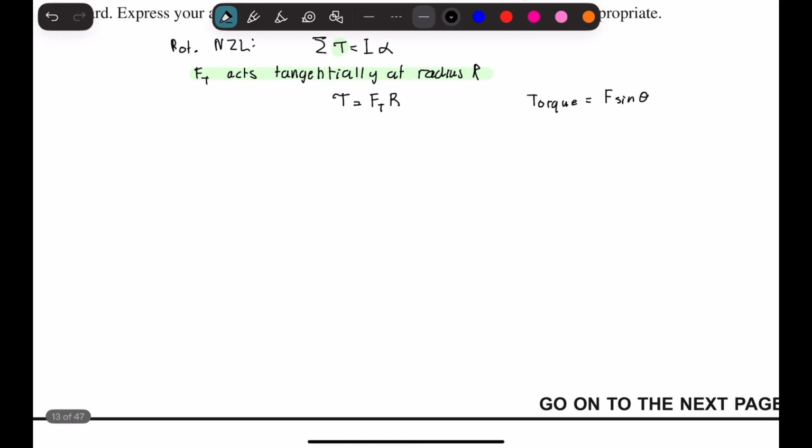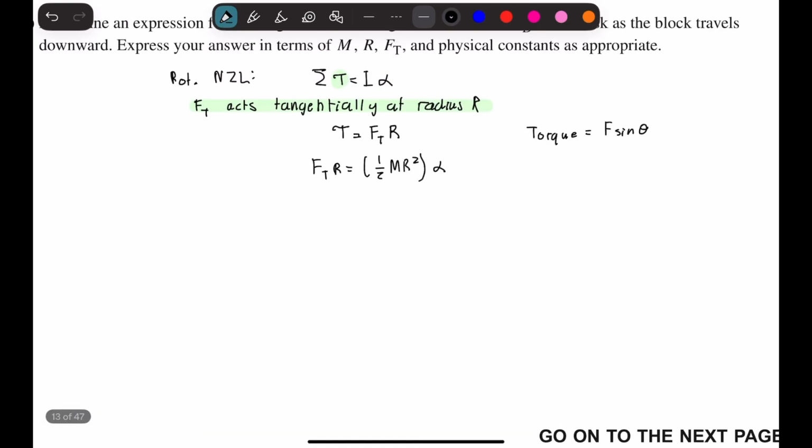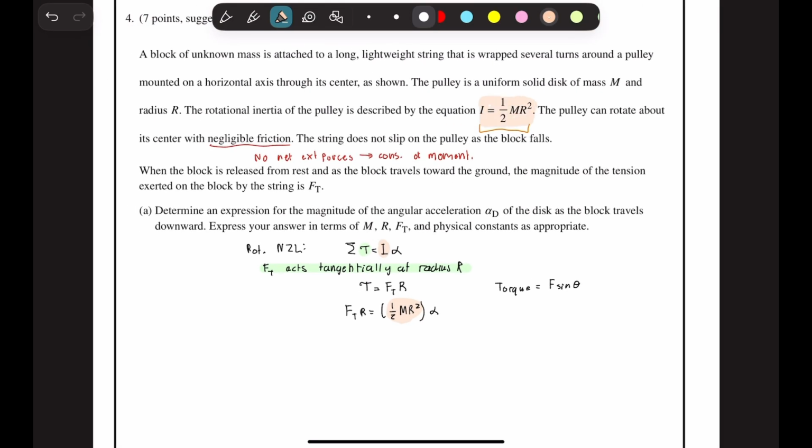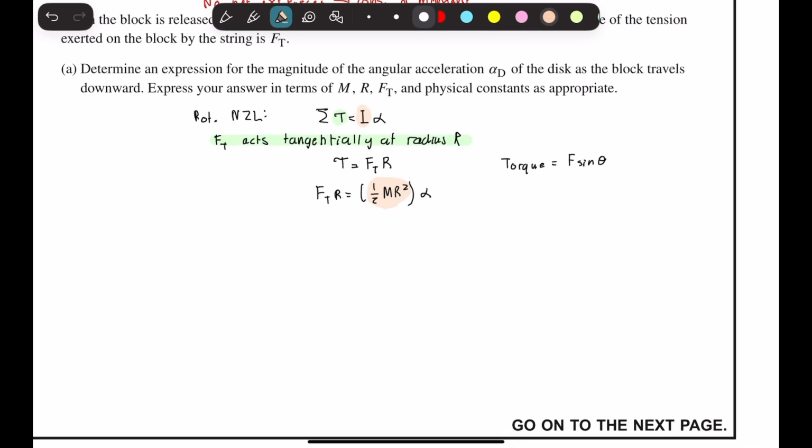And from here, we can substitute in the rotational inertia. So if we know that Ft r is equal to 1/2 m r squared times alpha, right? That was our moment of inertia up here. And we're just going to move that down.